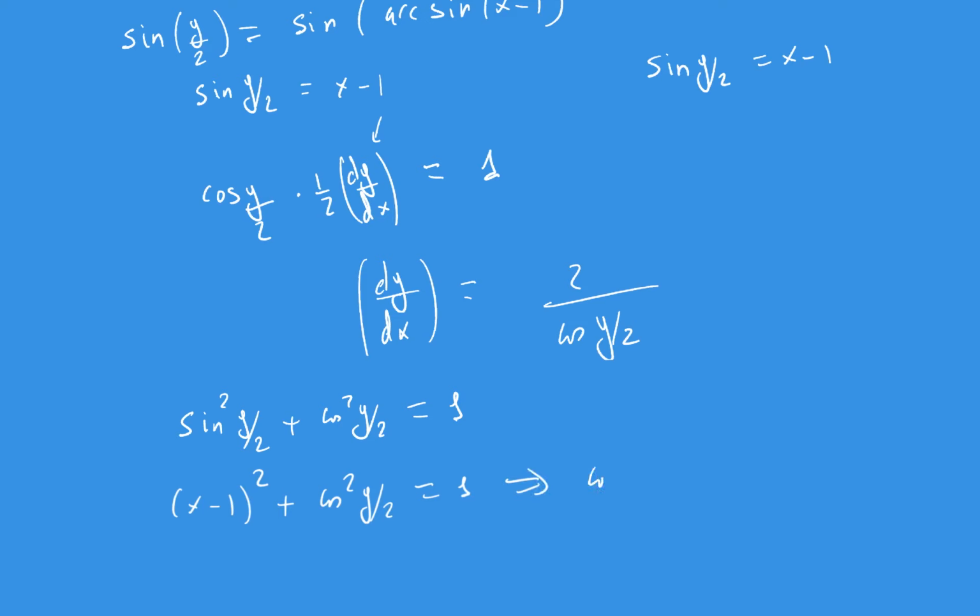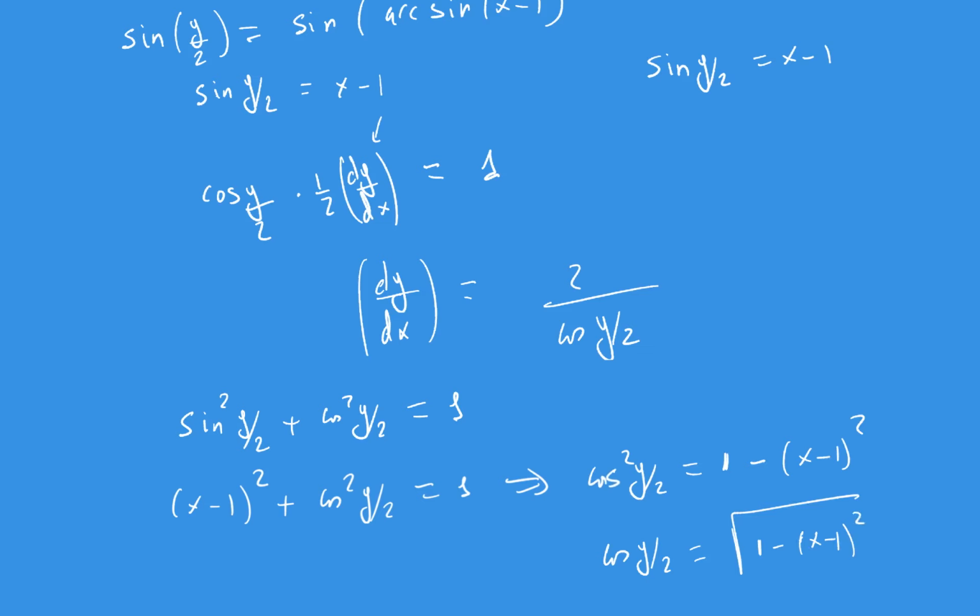Then cosine squared of y divided by 2 will be equal to 1 minus x minus 1 squared. So cosine of y divided by 2 will be the square root of 1 minus x minus 1 squared.